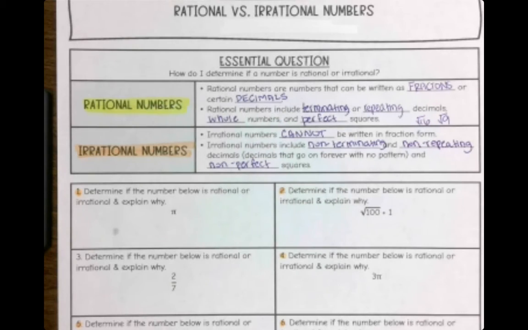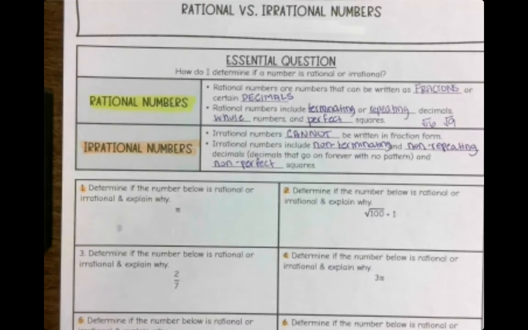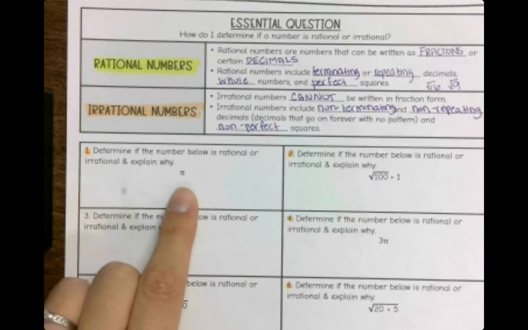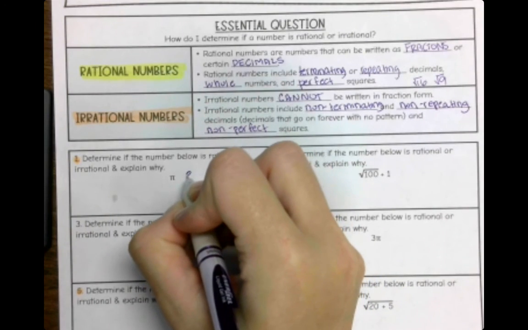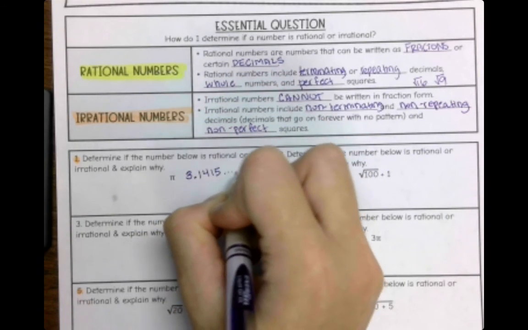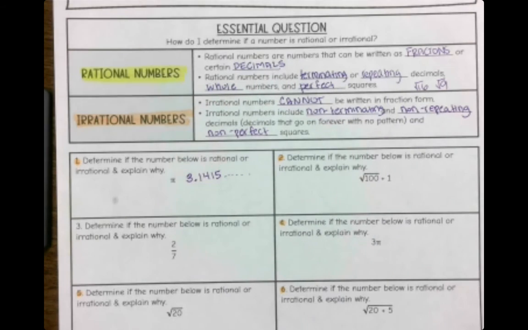All right? So we are going to look at a few examples, and then I'm going to have you do a few examples. So looking at our definitions, pi, if you put that in a calculator, you would get something like 3.1415 dot dot dot. When we use pi typically in math, we round it, but the number actually goes on and on forever without repeating.